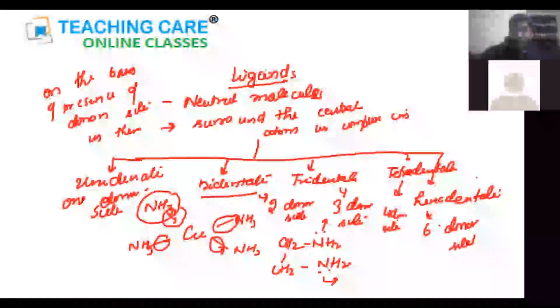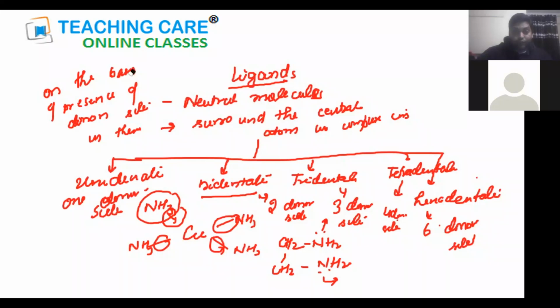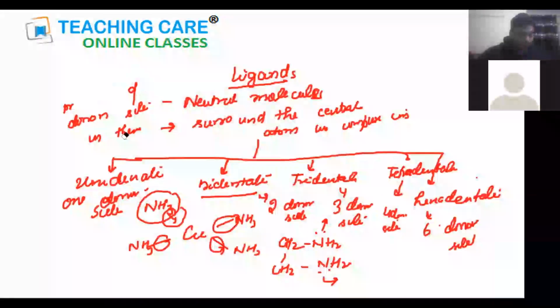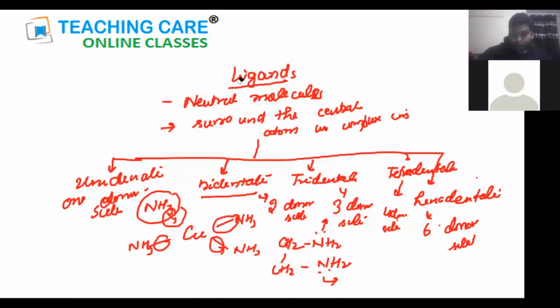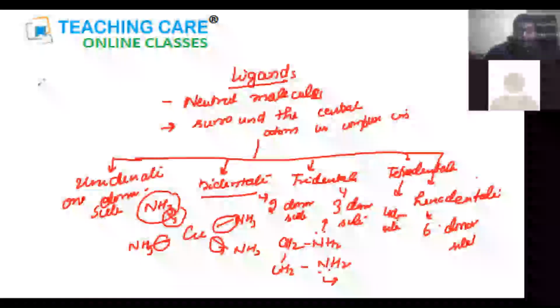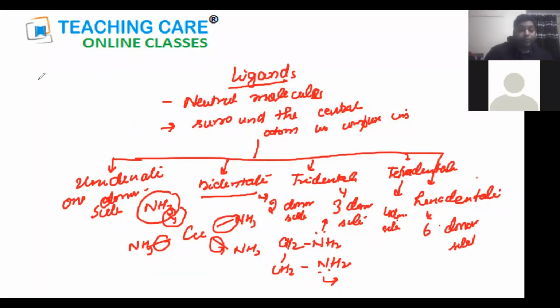If I write a structure, one example is Cu with CH2NH2 twice. This is a complex ion, and this is copper.